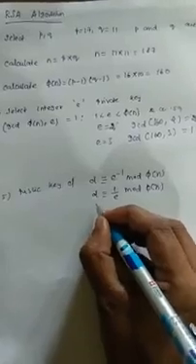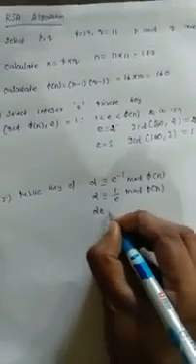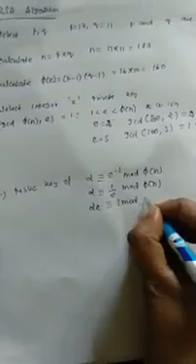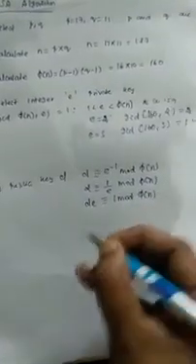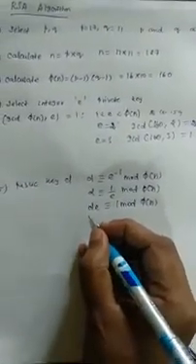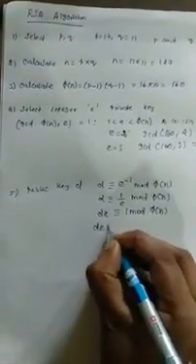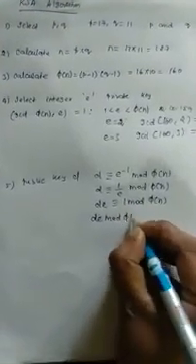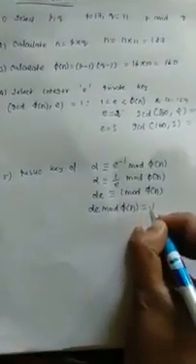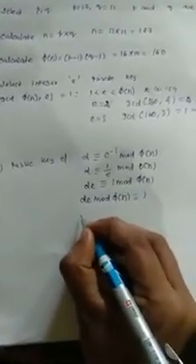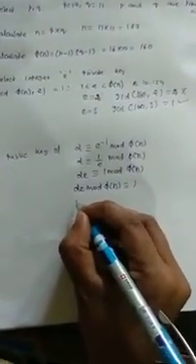How can we write this? This is DE equivalent to 1 mod phi of n. According to the mathematical theorem, DE mod phi of n should be equivalent to 1. We already derived the value of the public key E as 3.